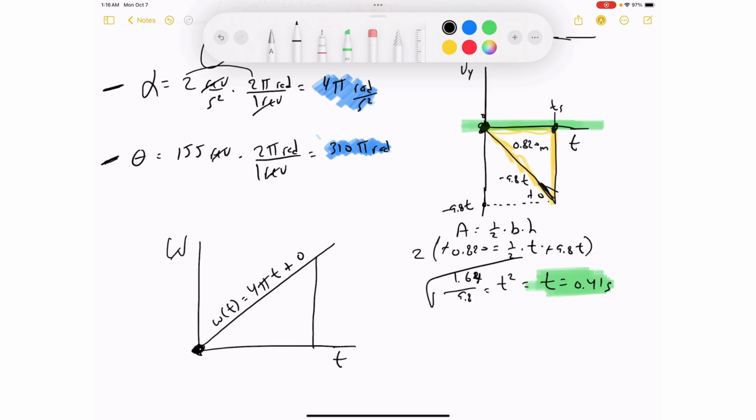So how much have I moved? Well, I moved 310, because that's what it says right here. So I can do 310 pi radians. That's how much I've moved. And let me just erase this guy.